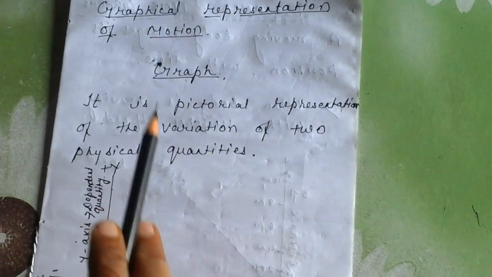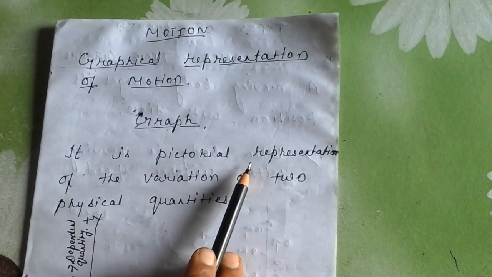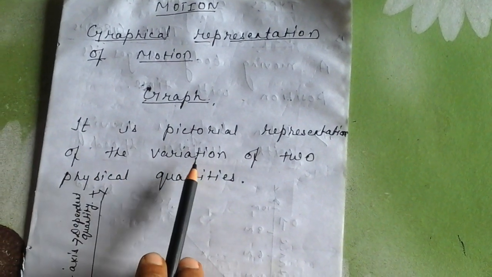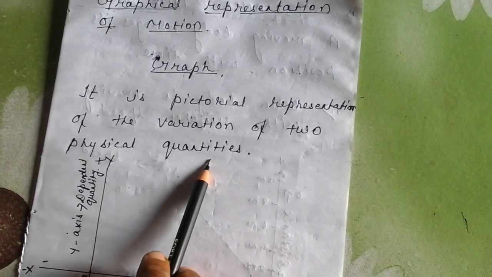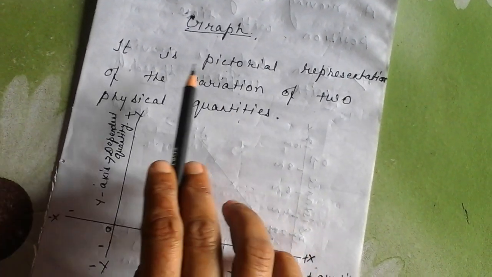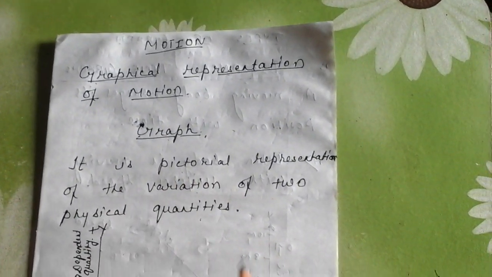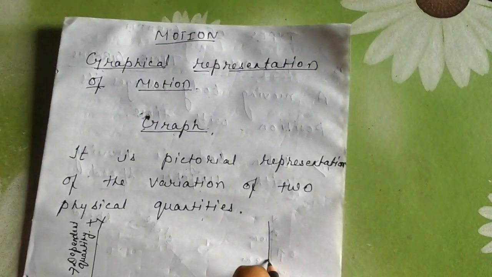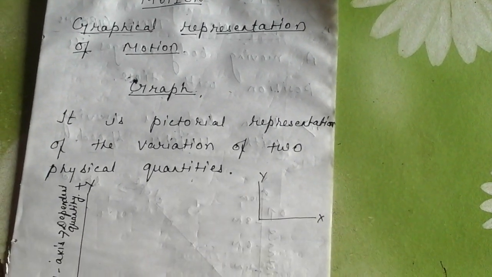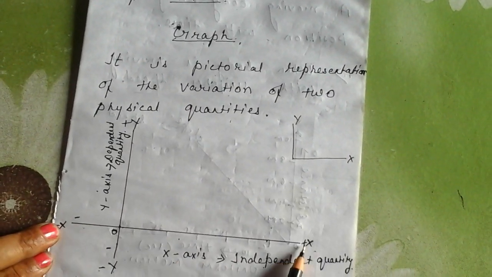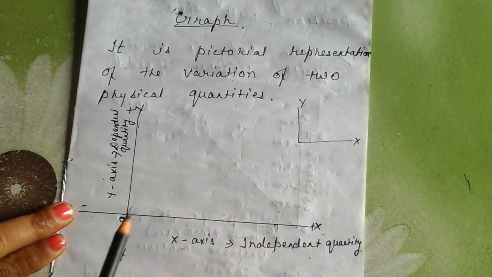Graph is the pictorial representation of the variation of two physical quantities. Whenever you are representing a graph, I think you know we draw two axes, x-axis and y-axis. I have shown you the x-axis and y-axis.